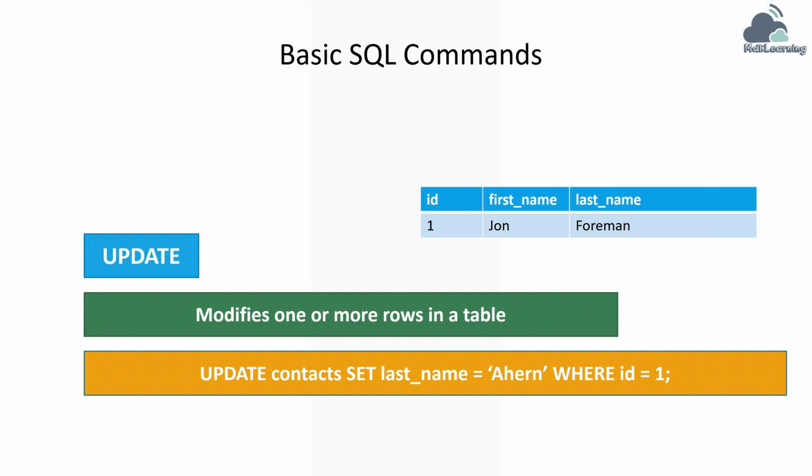Then I have a where clause. The where clause tells the update statement, what is the restriction on this update? If I didn't specify any where clause with this update statement, that means that every single row in my contacts table would have its last name value set to Ahern. In this case, that would be a bad thing.